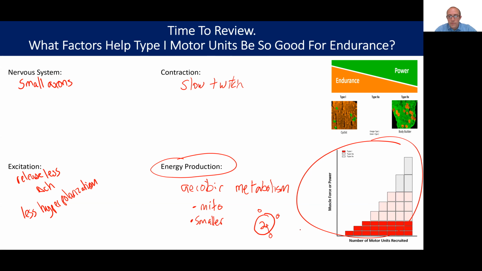Your type 1 fibers, they're smaller and they have more capillaries, usually somewhere around 4 capillaries in contact with it. So that means that the capillaries are in contact with a greater proportion of the muscle, and you can diffuse oxygen into the muscle a little more readily. Everything about the type 1 fibers is fine-tuned to be good for endurance, aerobic metabolism.